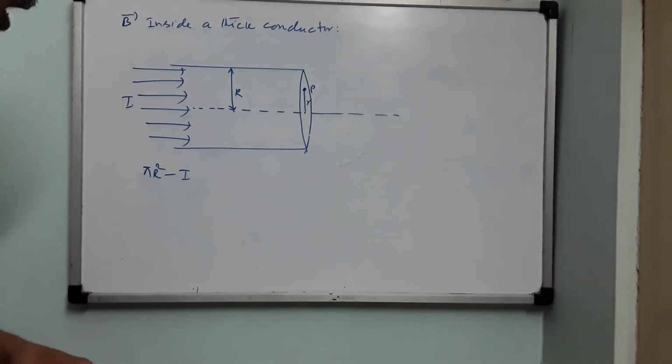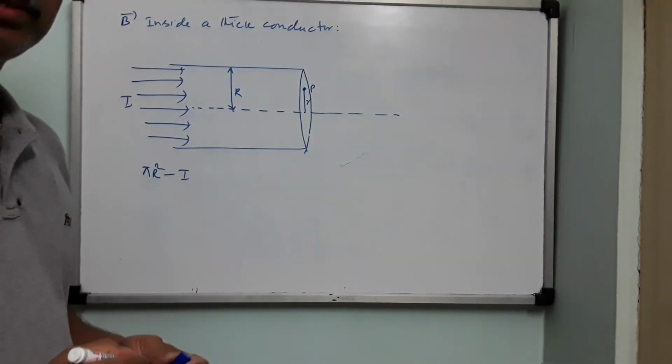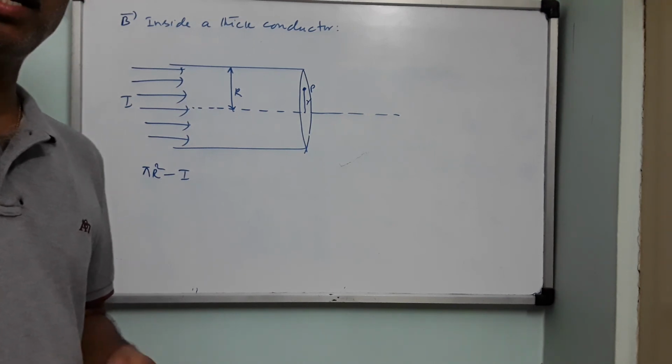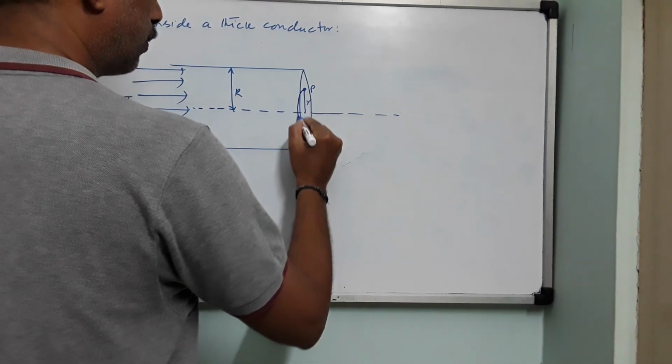So to calculate the magnetic field at point P, what do I have to apply? Ampere's law. Ampere's law demands an Amperian loop to be drawn. So this is my Amperian loop.